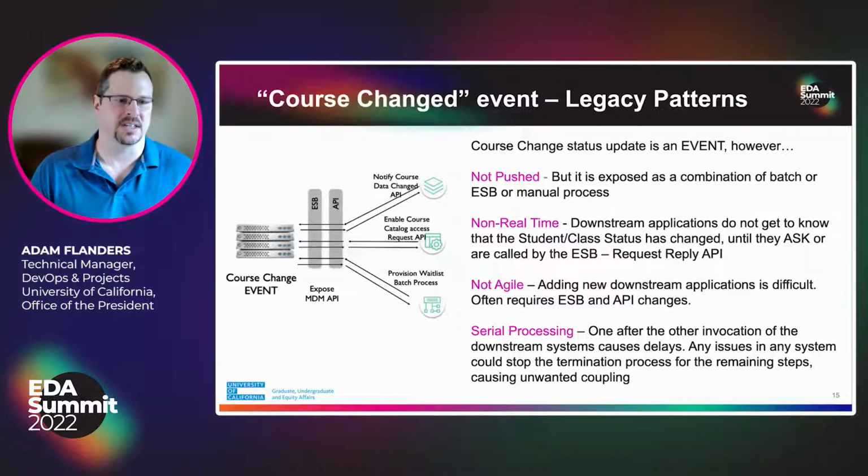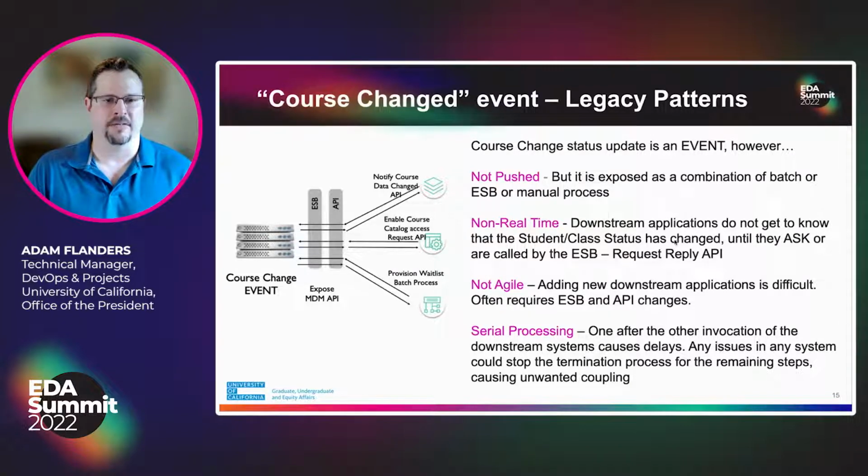Typically this is an event, but number one, it's not pushed. It's exposed as a combination of batch or ESB or even manual processes. It's non-real time. The downstream applications do not get to know immediately what the status of that student is until they ask, so often they fall out of sync with each other.